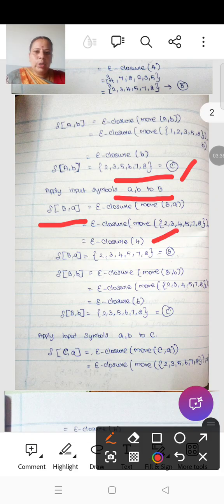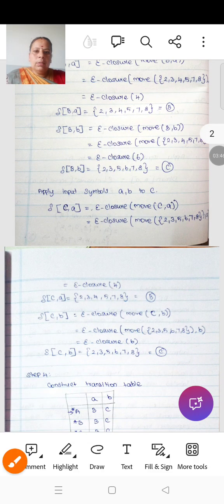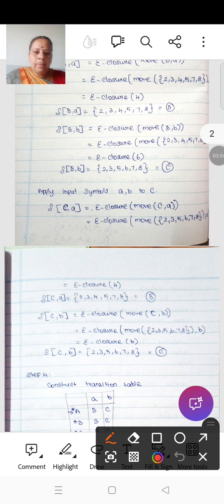The epsilon closure of 4 is 2, 3, 4, 5, 7, 8, which is the state B, an existing state. Now coming to the B comma b transition, again we have an epsilon closure of 6. The epsilon closure of 6 is 2, 3, 5, 6, 7, 8, which is the state C, an existing state.